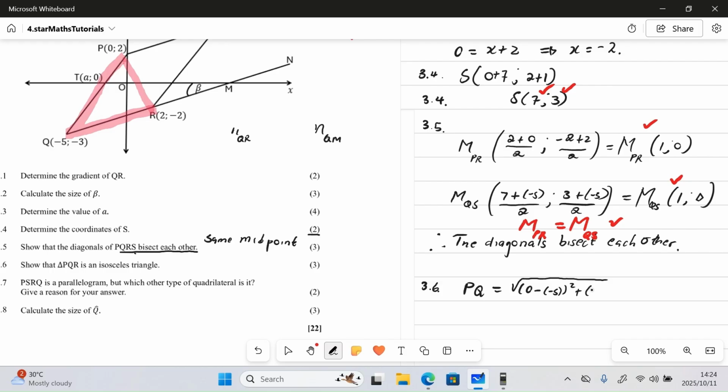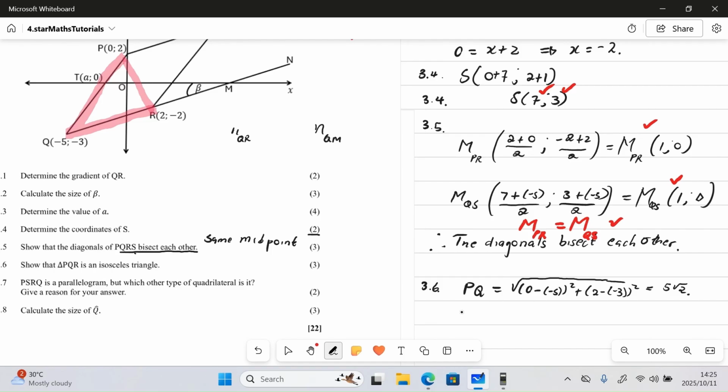Y at P is 2 minus y at Q. Then using our calculator, that is the square root of 50, which is equivalent to 5 root of 2.